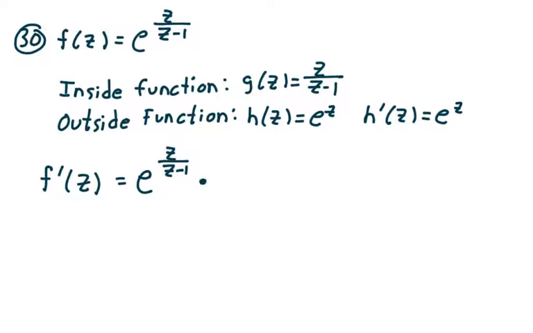And we're going to take that result and multiply by the derivative of the inside function. So I'm going to do this because the derivative of z over z minus 1 is a little bit more difficult. Okay? And so to take the derivative of z over z minus 1, we have to utilize the quotient rule.